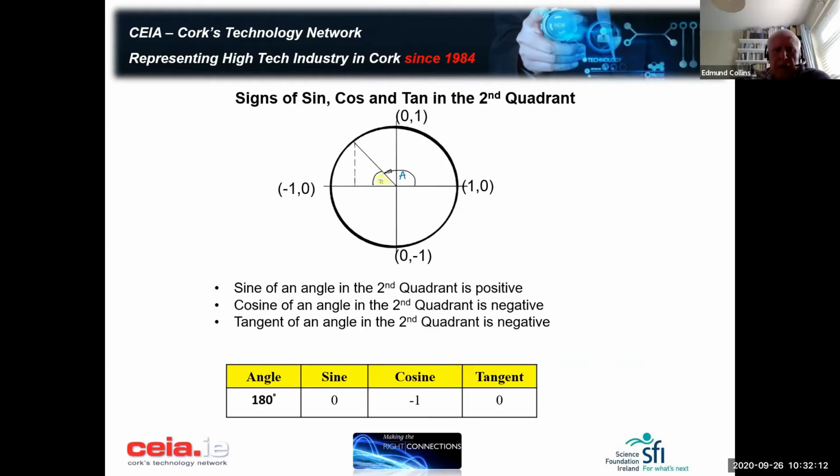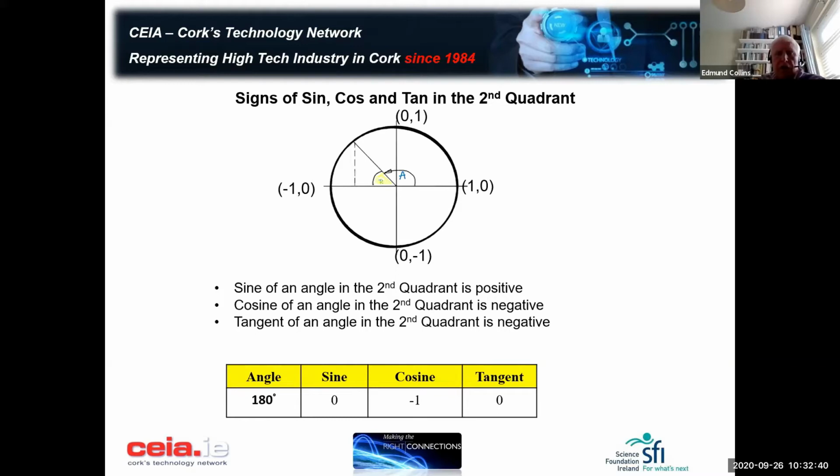The second quadrant situation: the sine of an angle in the second quadrant is positive, because the vertical component is coming from the positive y-axis. But the cosine is negative, because the horizontal part of the triangle, the adjacent part, is on the negative part of the x-axis.